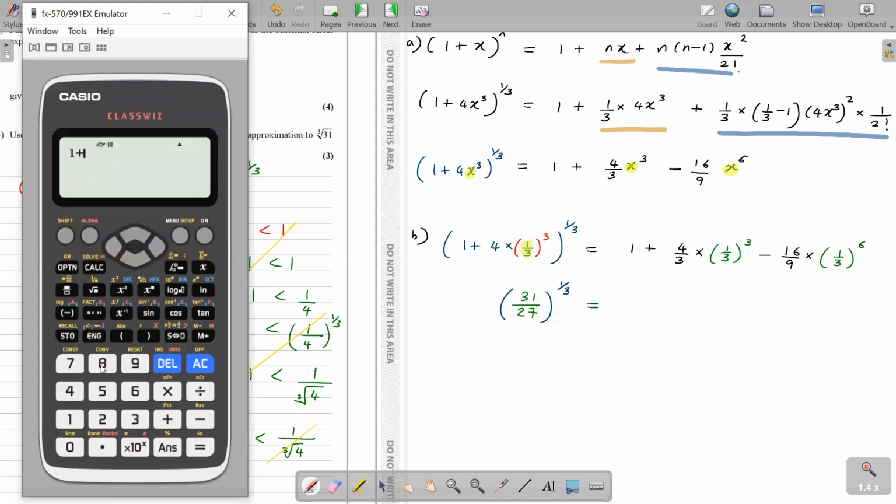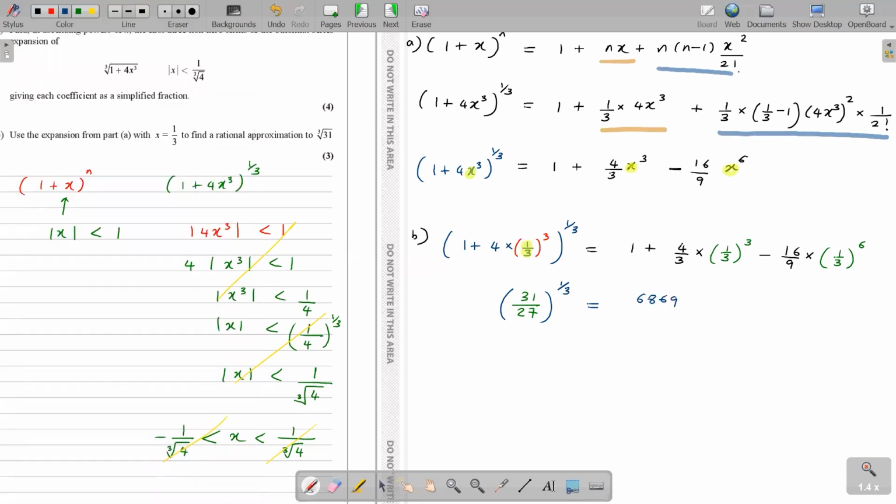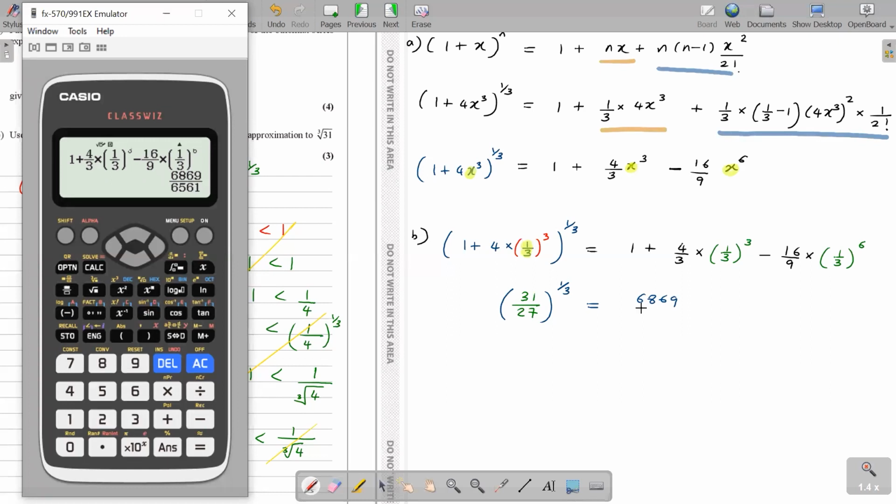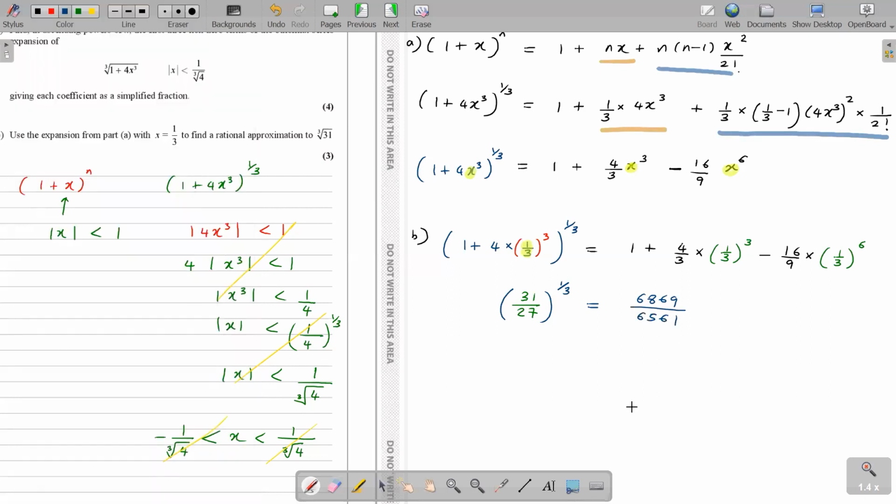So I get here 1 plus 4 over 3 into 1 over 3 to the power 3, minus 16 over 9 into 1 over 3 to the power 6, which gives 6869 over 6561. Now I want to get a rational approximation.